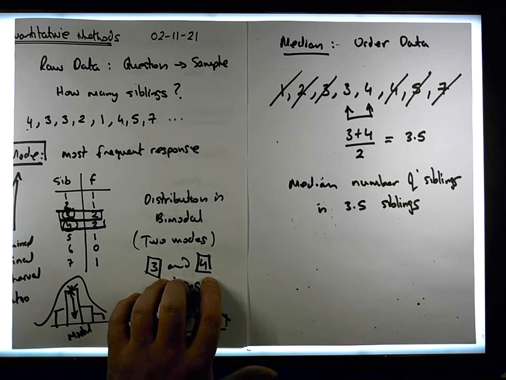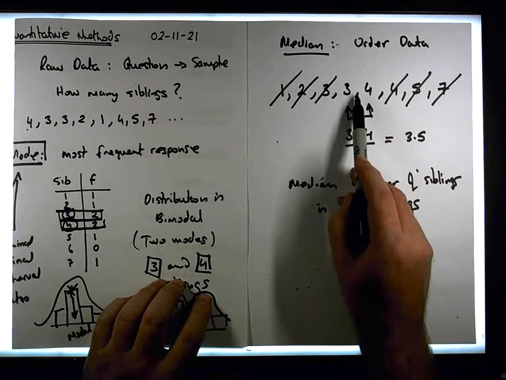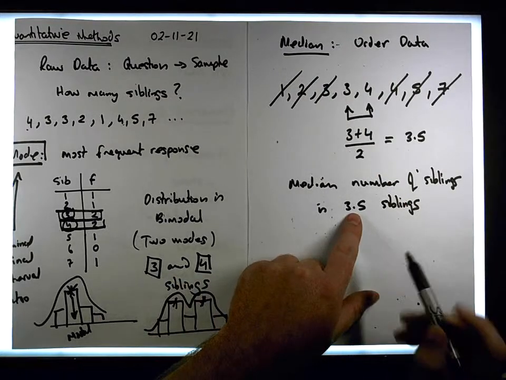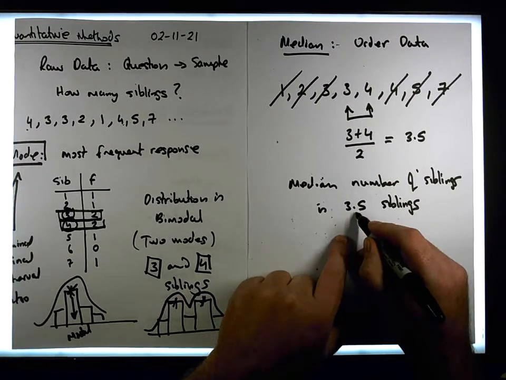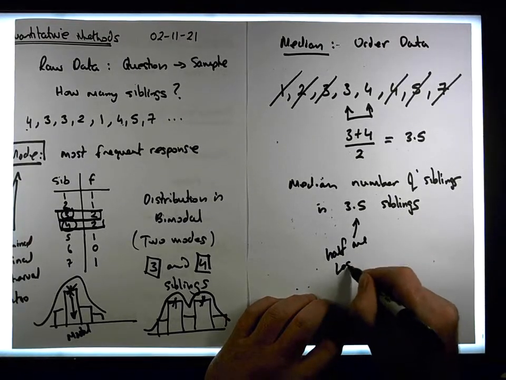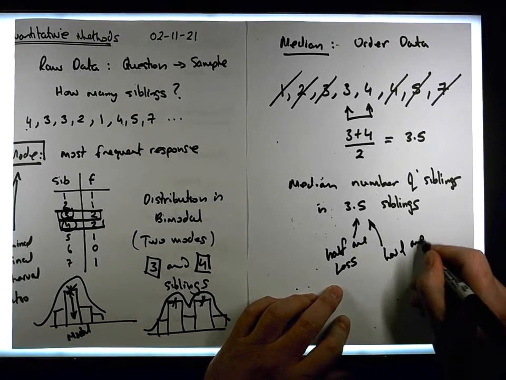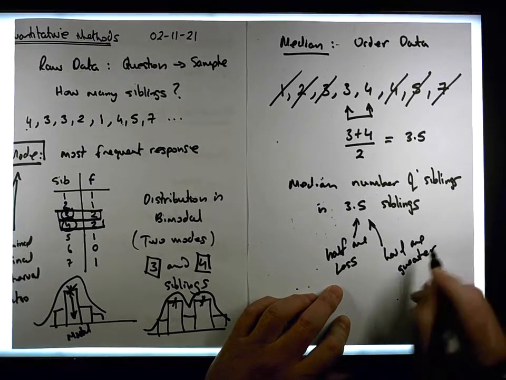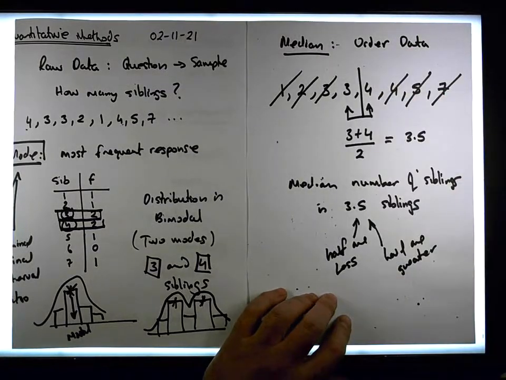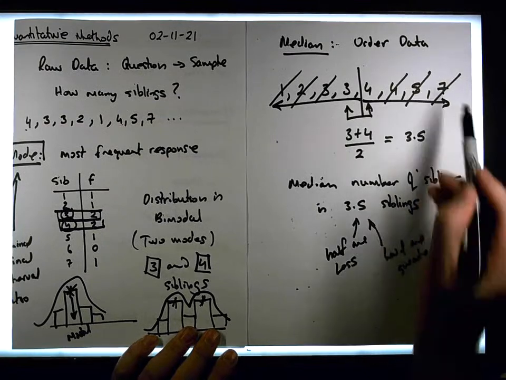And then we have another way to look at it, which is from the median perspective. What we know about the median is that half the people are less than it and half are greater. So the median splits the data set up into two equal portions. Half the responses are less than the median, and half are greater than the median.